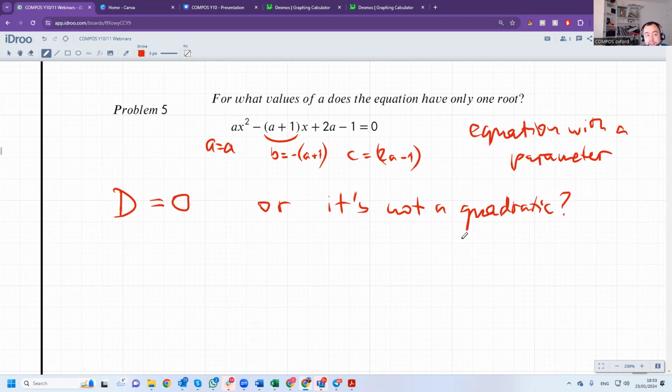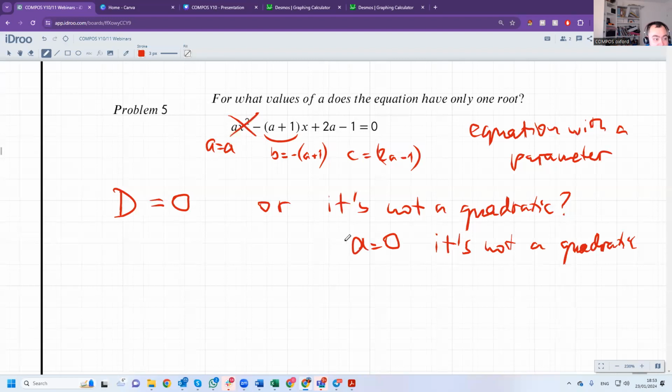It's not a quadratic equation when... No, if the square root is negative, it's still a quadratic equation. It's a quadratic equation with no solution. But if a is 0, it's not a quadratic equation, because if a is 0, this becomes a linear equation.